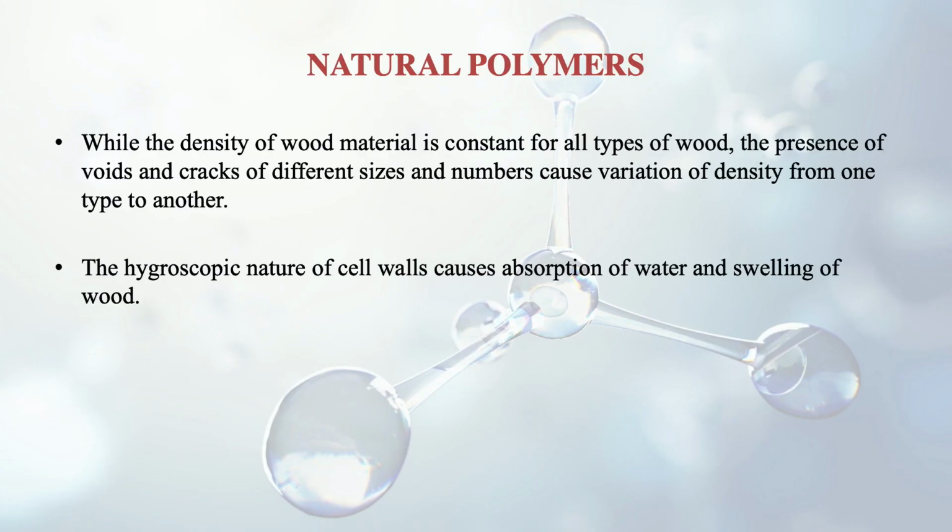The density will vary according to the number of voids and cracks in the particular piece of wood. The hygroscopic nature of cell walls causes absorption of water and swelling of wood. So wood is a hygroscopic material, that means it attracts and absorbs water.